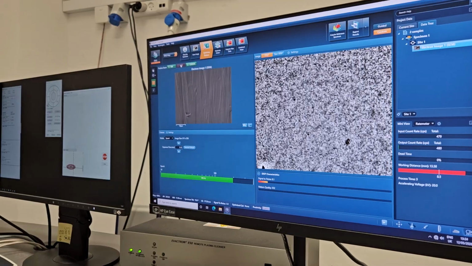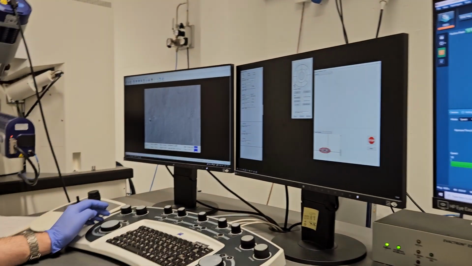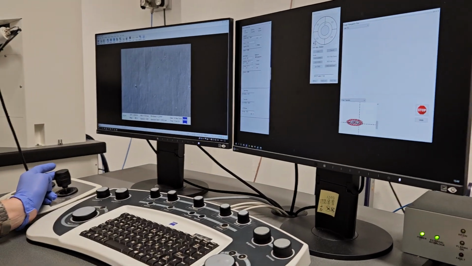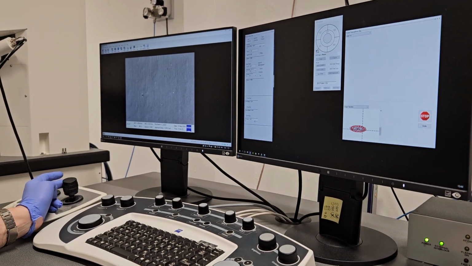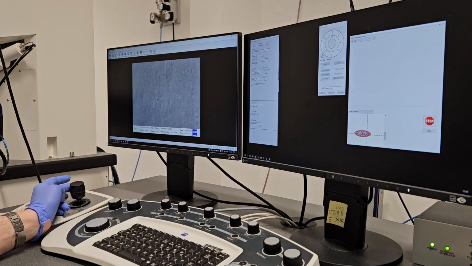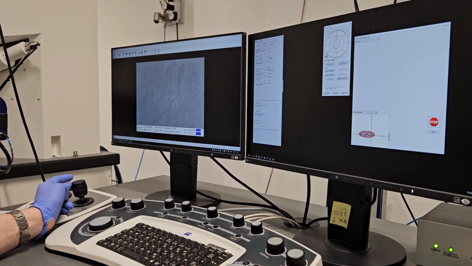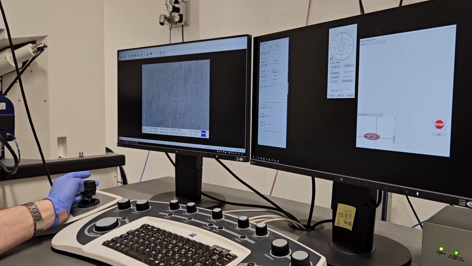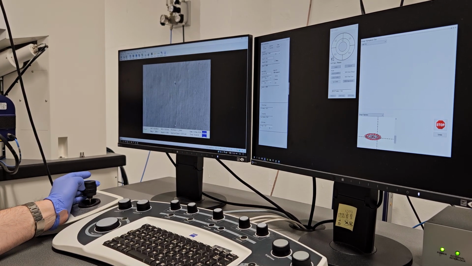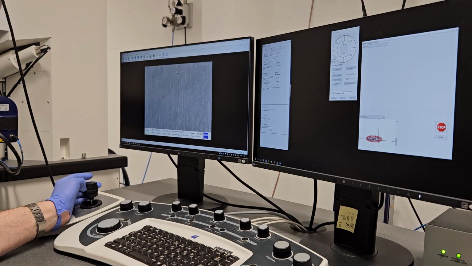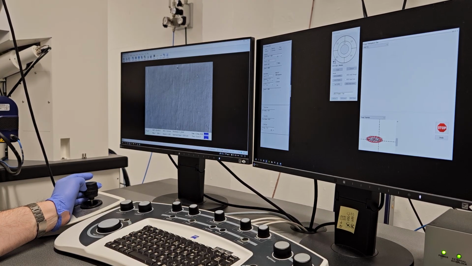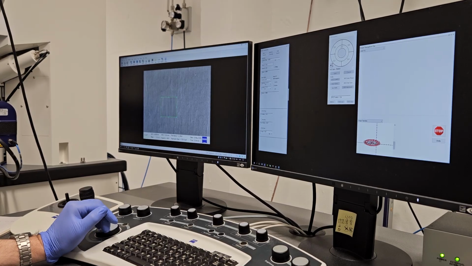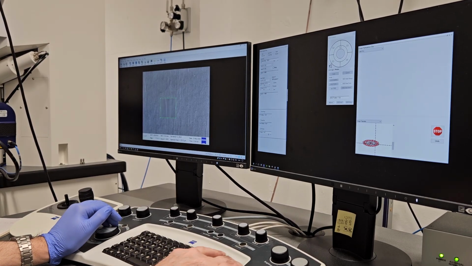Then let's reduce magnification and start playing with this dynamic focus. I don't think that we want to image this scratch. Need to find a region which doesn't contain a lot of scratches.